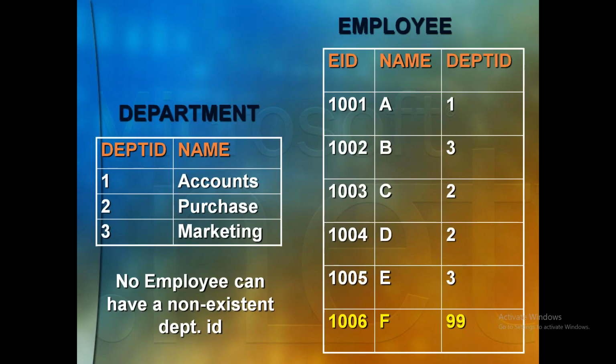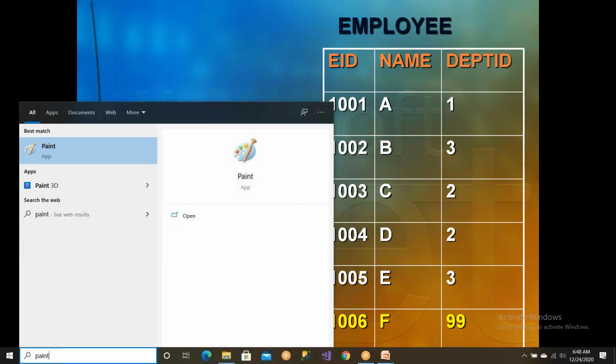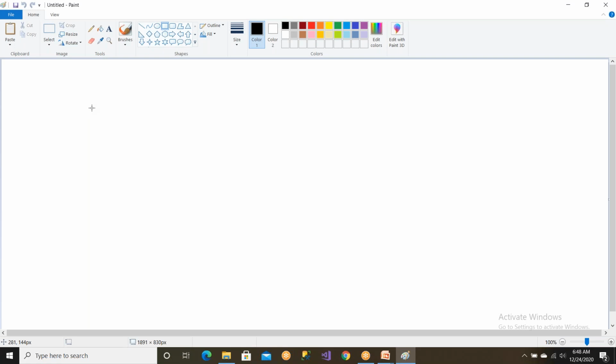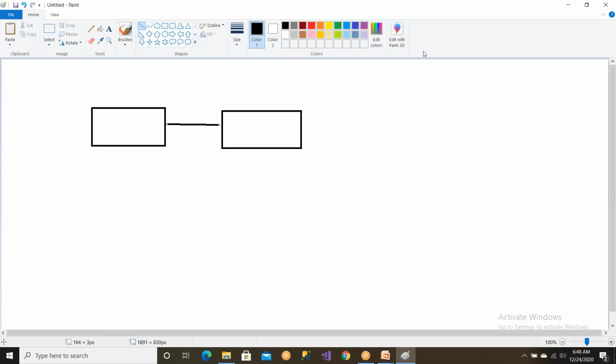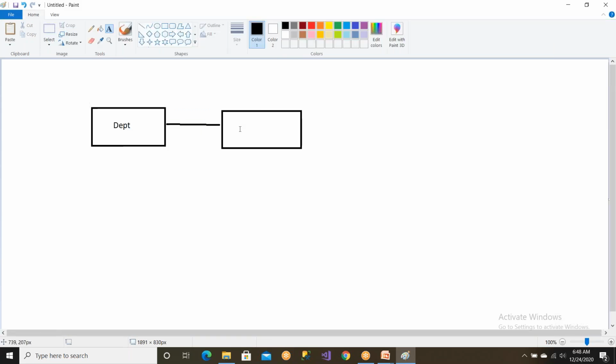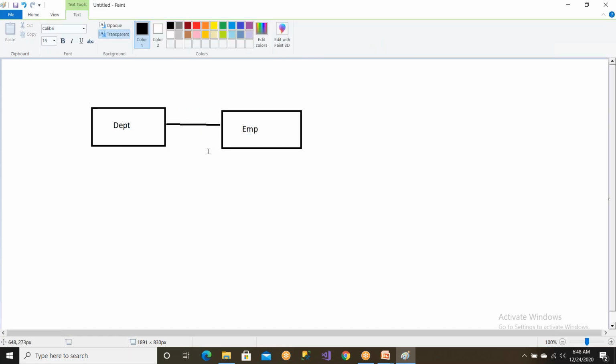Now, this is my department table and this is my employee table. One department can have many employees, so it is a one to many relationship. I'm talking about the department table, and this is the employee table.